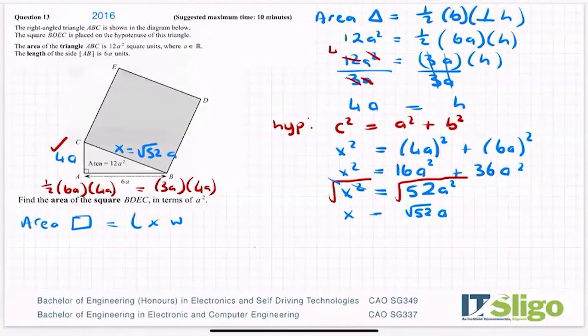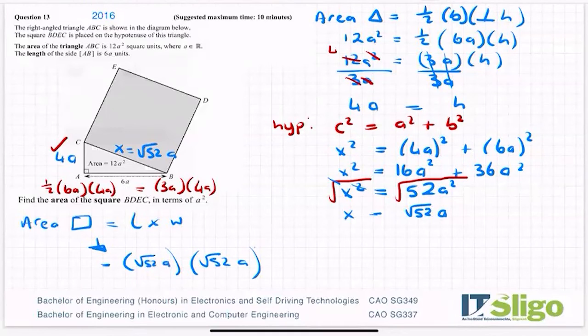Okay, so then the area of a square, if I come over here to the left, it's the length by the width. So it's root 52a by root 52a. I forgot my 5 here, we just fix it. So root 52a.